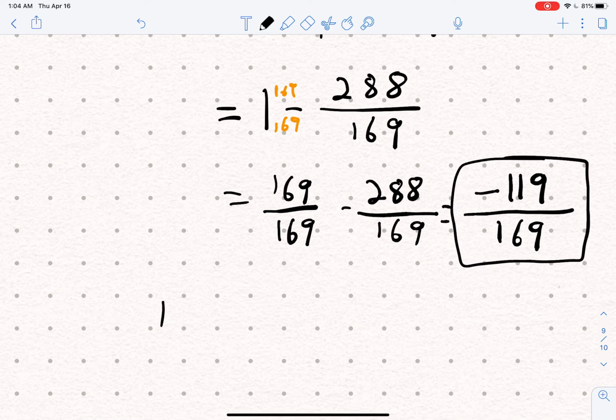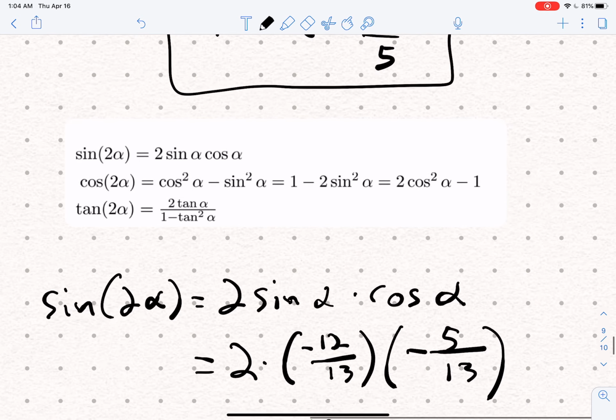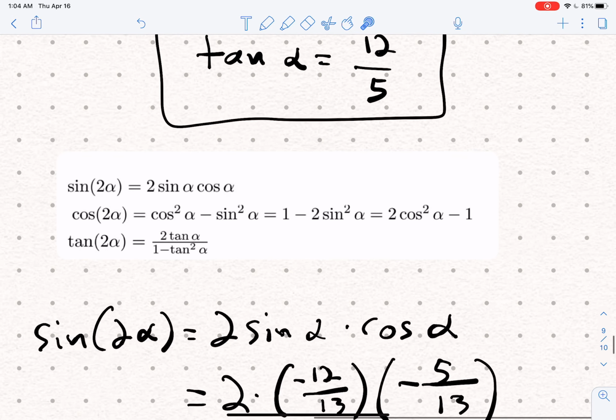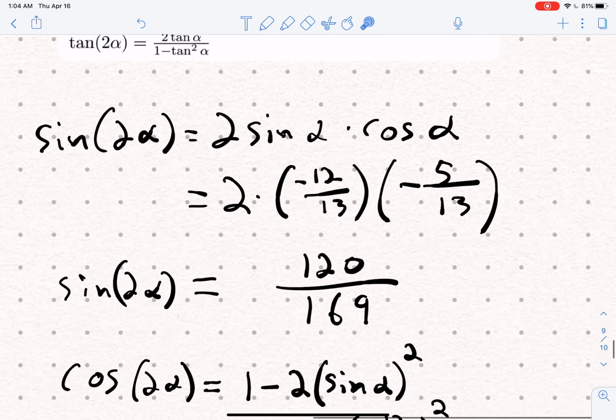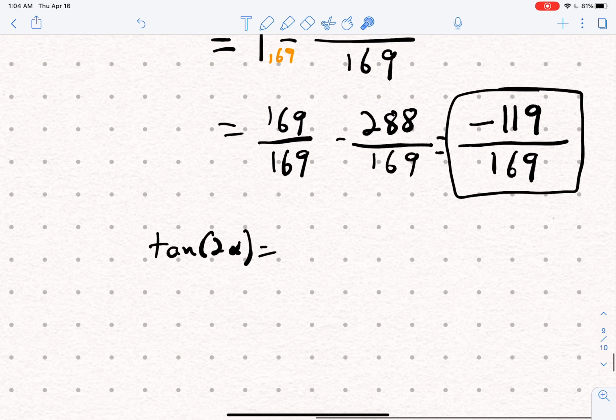And then lastly, for tangent of 2 alpha, we could use the double angle identity listed here using tangent of alpha, which is 12 over 5, substituting in. But instead, I'm going to learn from my past experience and use the trick that we talked about last time.